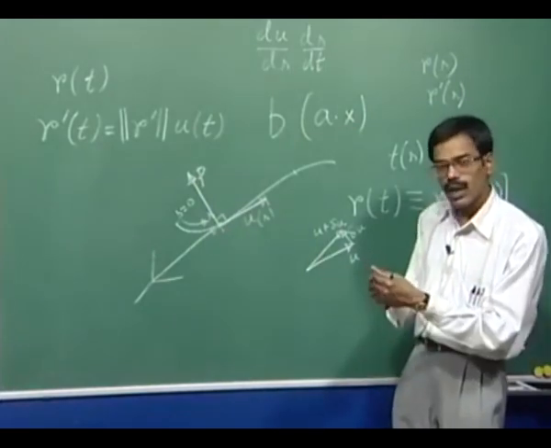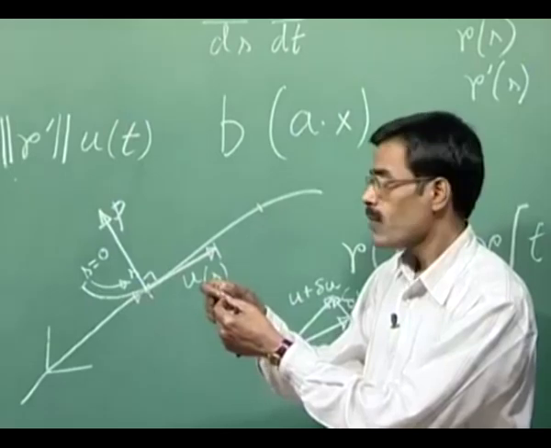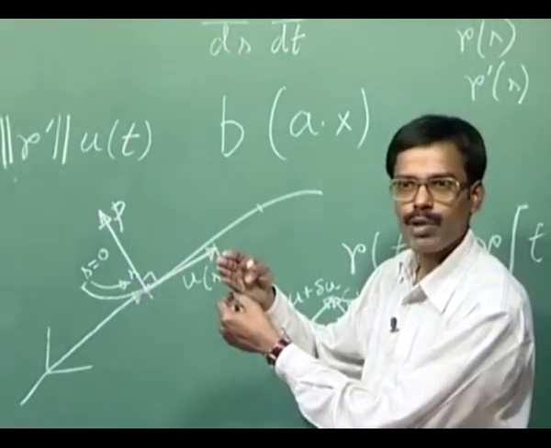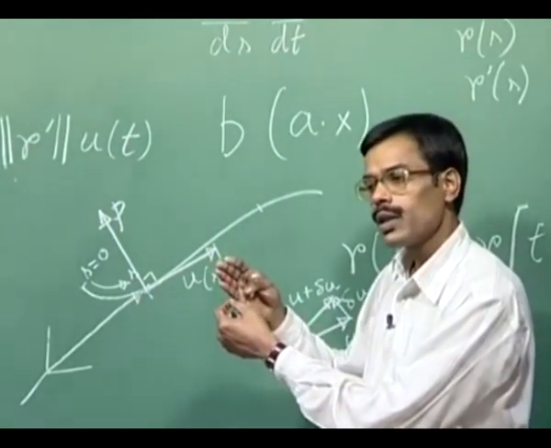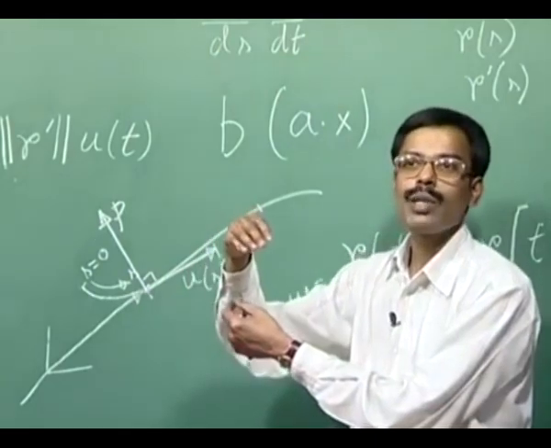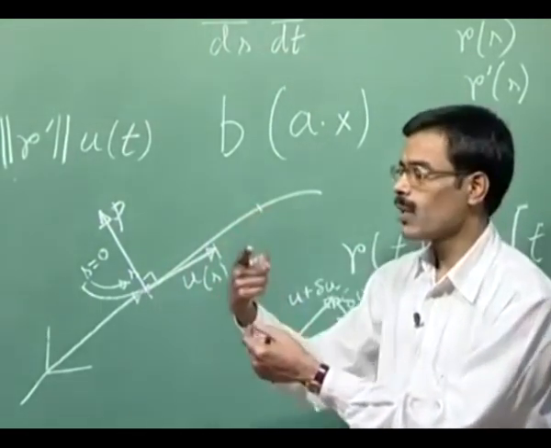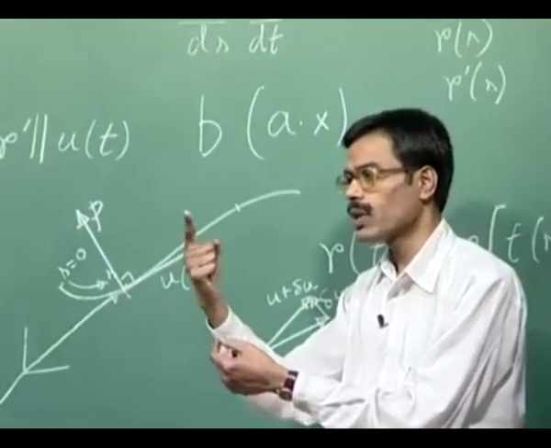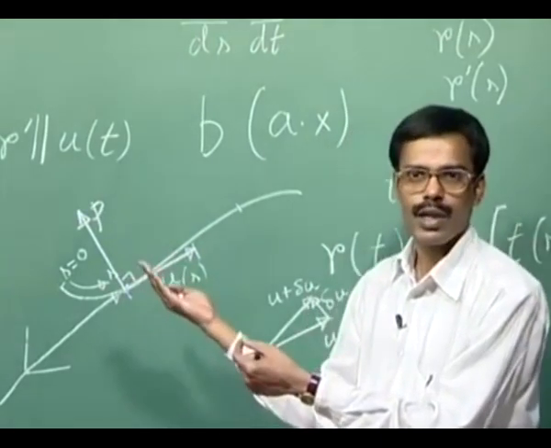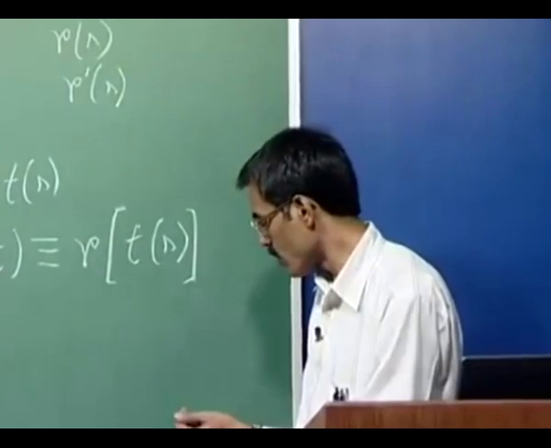Now, as the curve tends to come out of this plane, then at the next point the osculating plane will be somewhat different, which means the binormal will be somewhat different. So, then the way the curve tends to twist out of the osculating plane will be measured by the way this binormal changes, that is, from this unit vector, if it changes to this unit vector, then the manner in which this change takes place will give you a measure of the twisting tendency of the curve, or torsion of the curve.